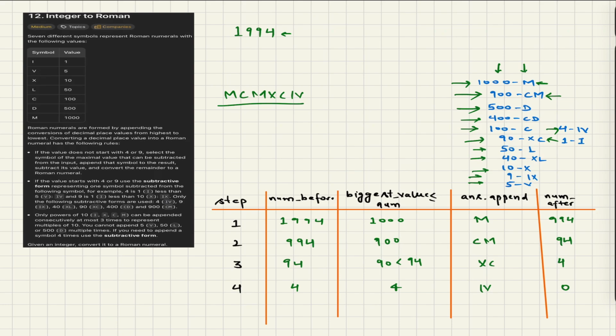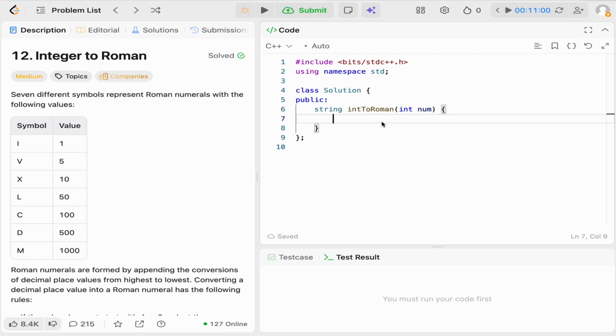Let's code this problem and see if it works or not. Like we had discussed, we will create a map where we will map all the Roman numerals to the integer values. So we'll form a vector of pairs of integer and string, and we'll call it map.